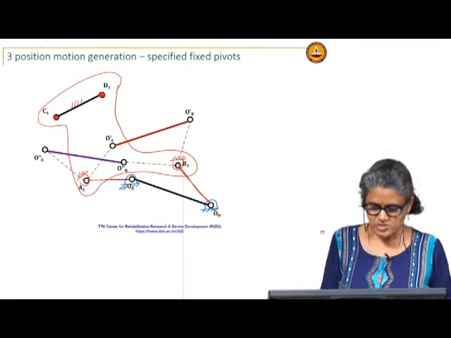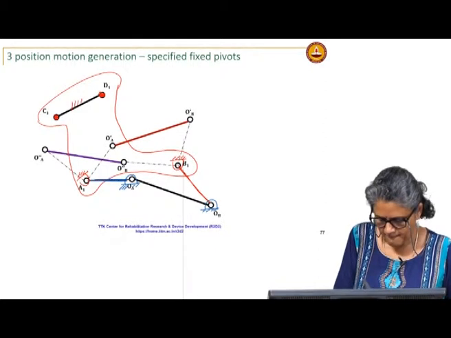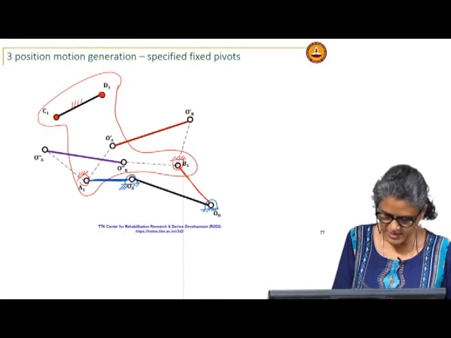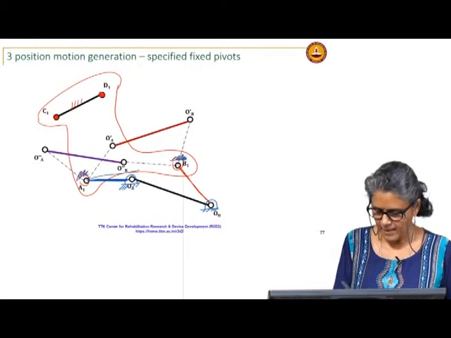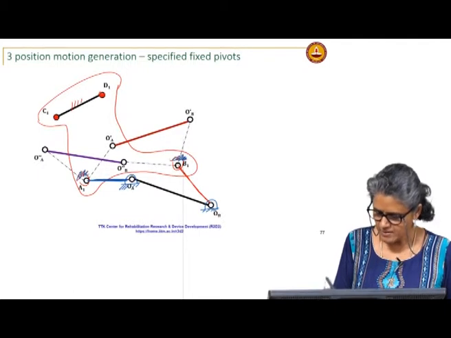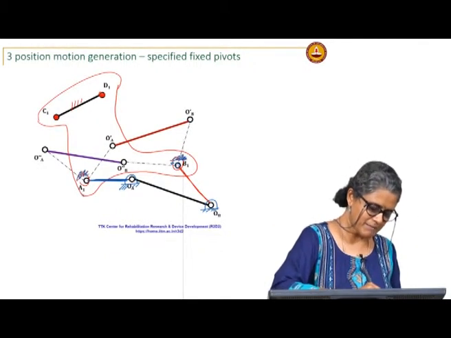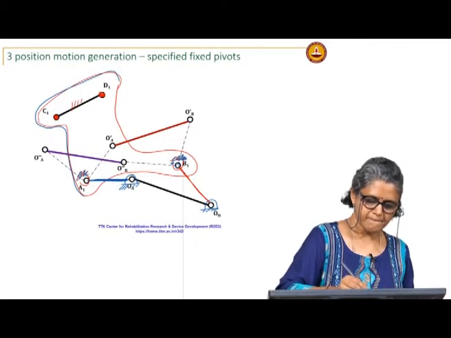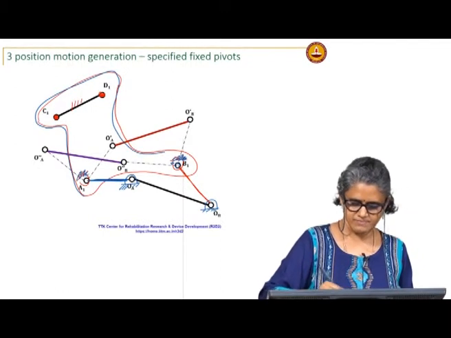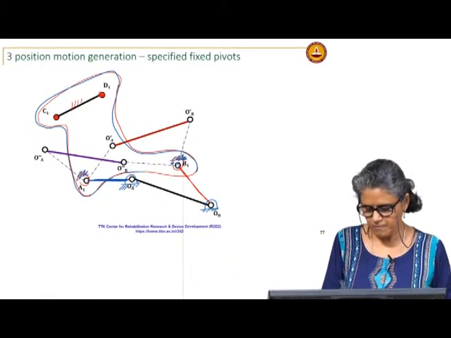Okay. So, my actual linkage is this, I pivot it at A and B, okay, and my coupler is shaped like this, or whatever shape that includes this.